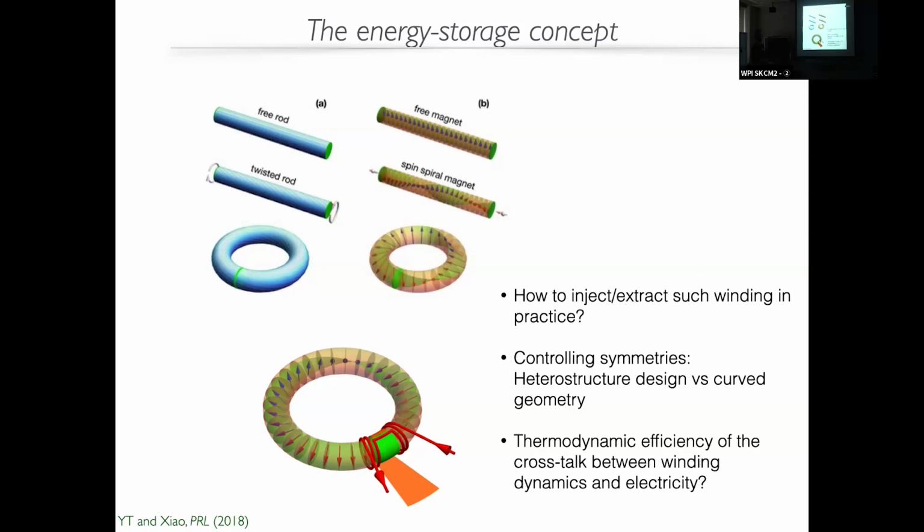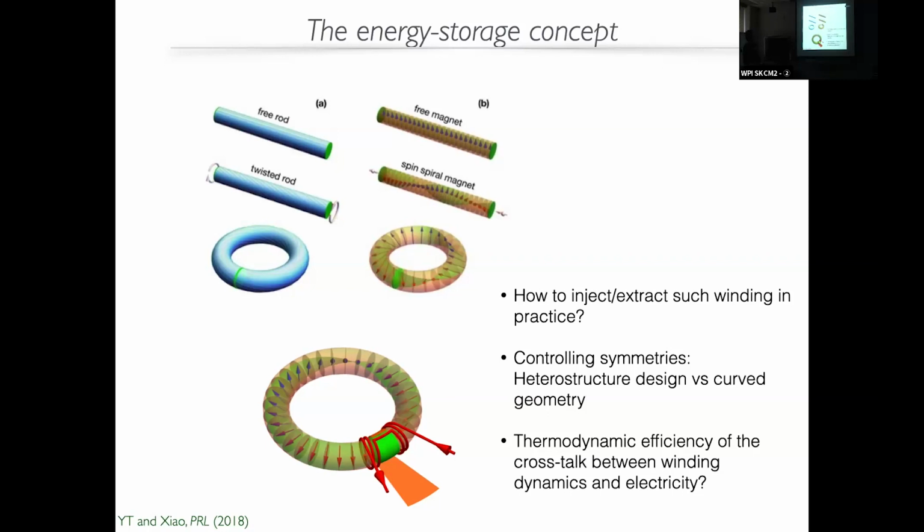So sending electrical current through the structure, the torques produce boundary conditions with a tendency of the magnet at this end and at this end to twist up. That could inject free energy into this loop, and if you can do that, the inverse must also be possible.